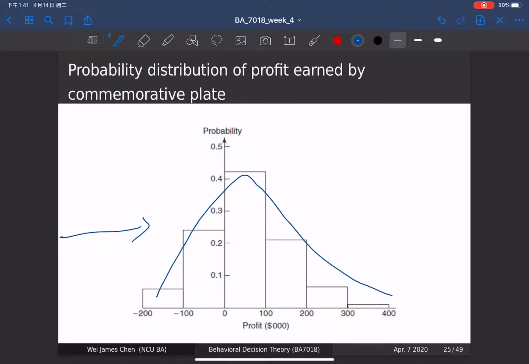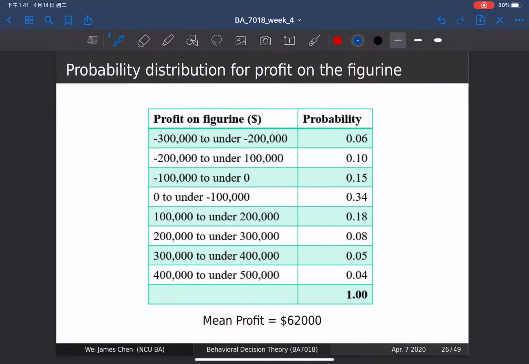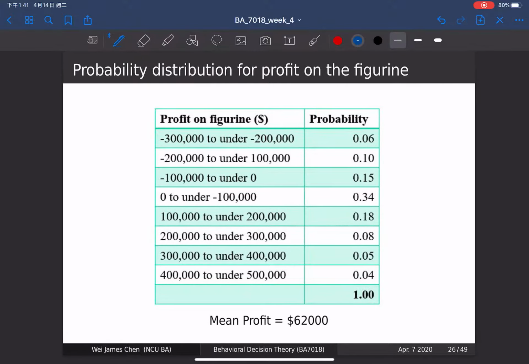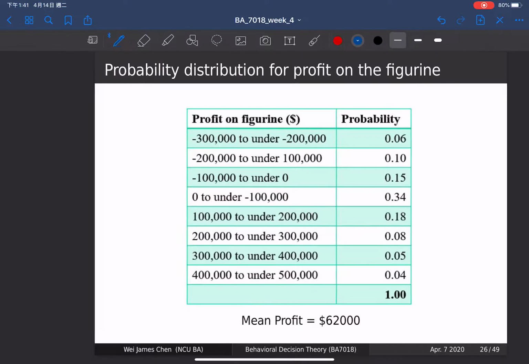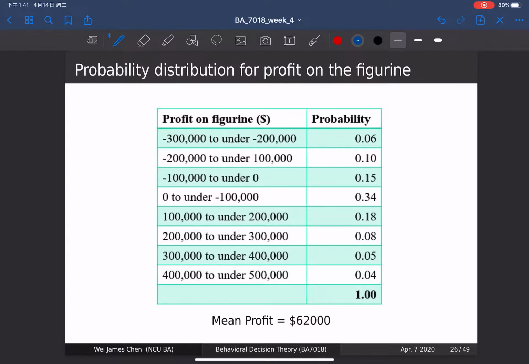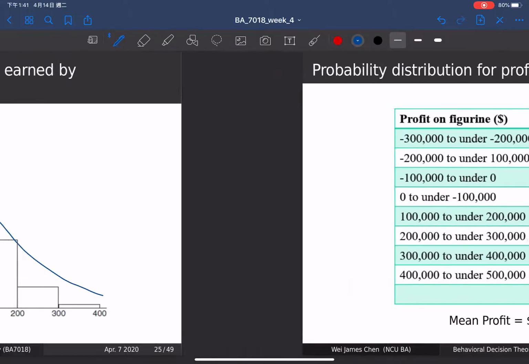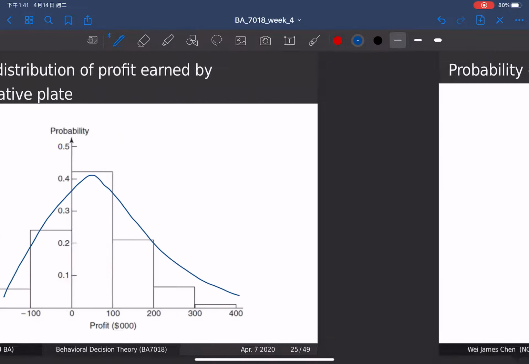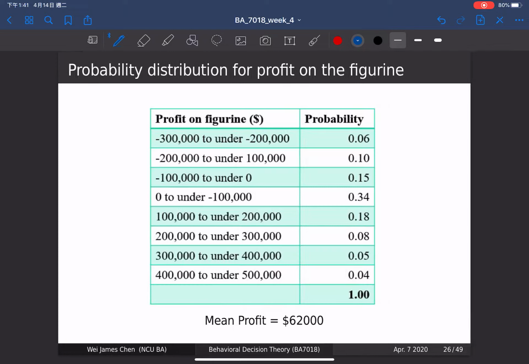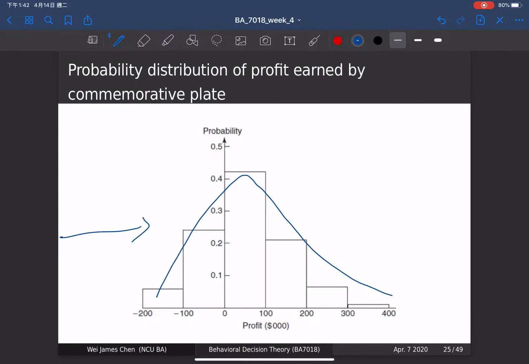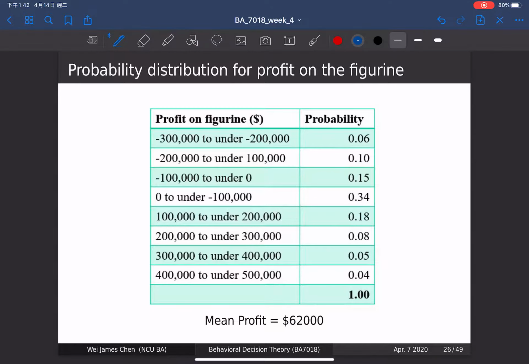What you get is a distribution of the profit that you might get. And based on this distribution, you can then calculate, for example, the mean profit, the expected profit. Because this is a discrete probability distribution, you can do this easily.